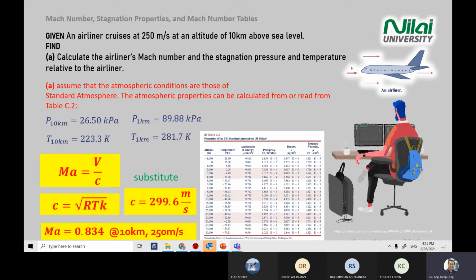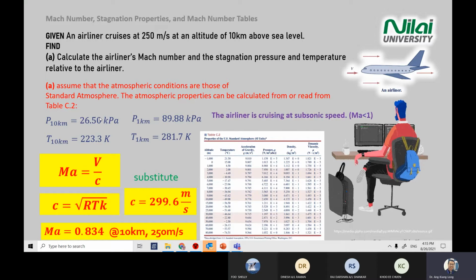That's why in your assignment number 1, we are looking at the compressibility effect. Right? That's why in your simulation, in your assignment 1, you're seeing a shock wave, you're seeing some phenomena above the wing. Okay. All right. So again, you get 0.8.